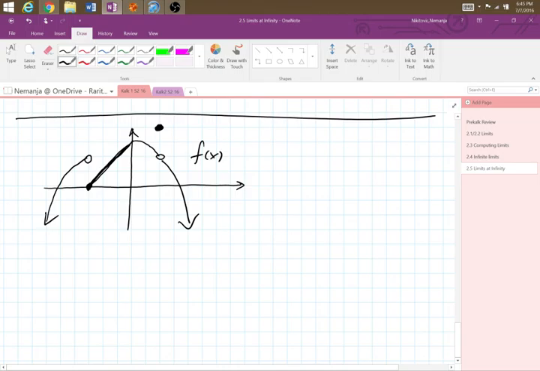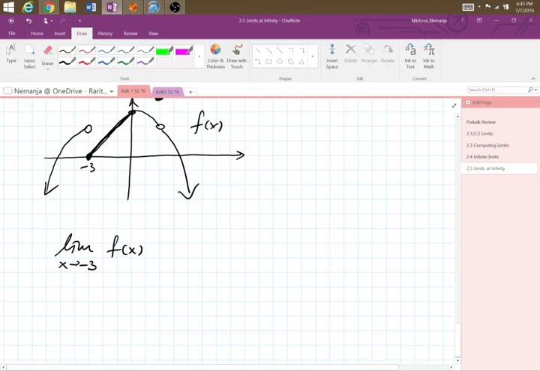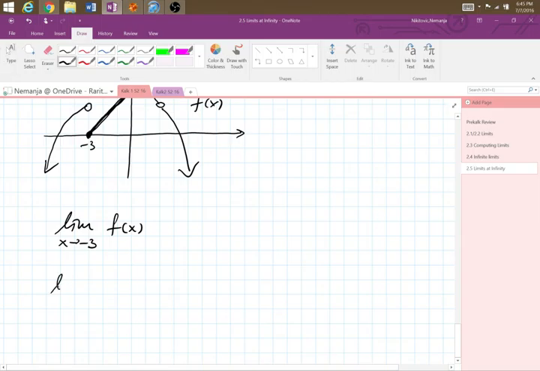And I'm interested particularly in three limits. I want to take a look at the limit as x approaches -3 of this function. I also want to discuss the limit as x approaches 0 of this function, and the limit as x approaches 2 of this function.